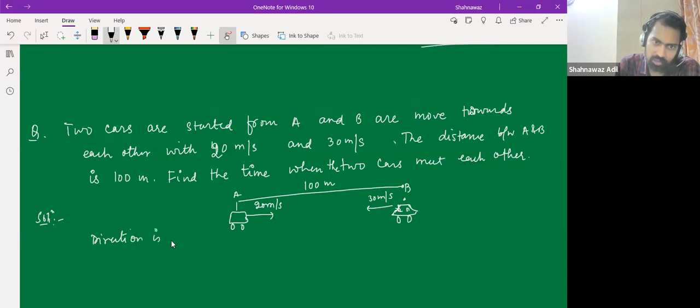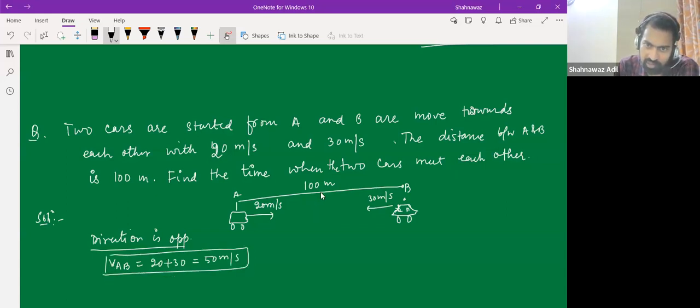Direction is opposite. So V of relative AB is 20 plus 30, which is 50 meter per second. So this is the velocity. And they have to meet at some point. So how much total distance do they have to cover? This distance is 100 meters.